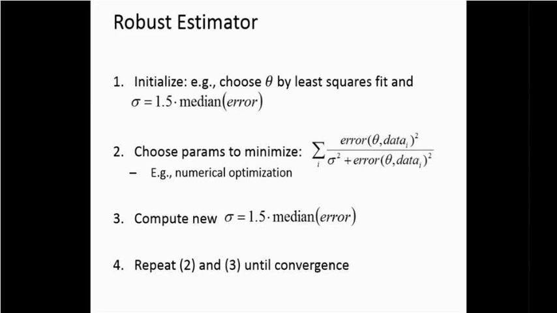Question: Is it similar to regularization in machine learning with a sigmoid activation function? So the question is whether this is similar to regularization. Actually, I would say it's a bit different. The main difference is that in regularization, you have some prior on your parameters.